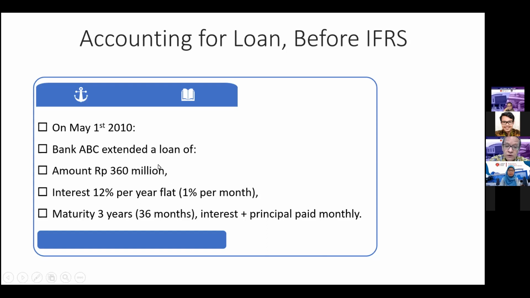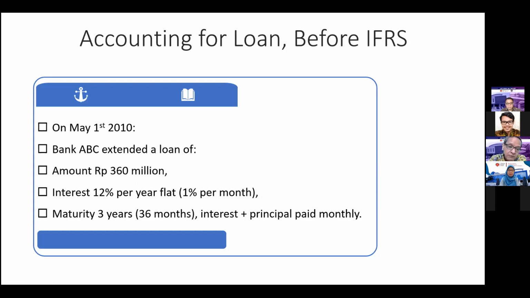So although the principal is reduced by 10 million every month, in the first month the principal is 360. The next month the principal should be 350 because 10 million is already paid. For the second month, it should be 340.